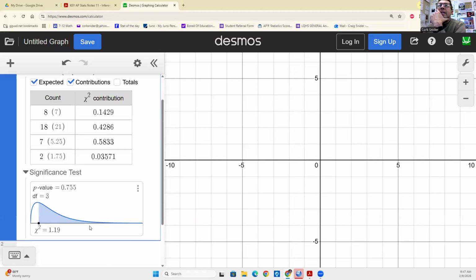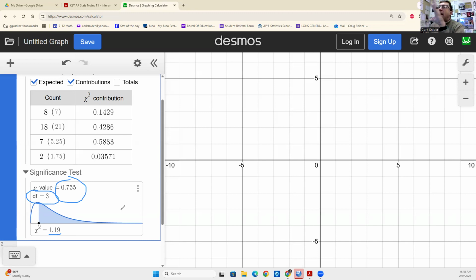The significance test is this. The degrees of freedom, DF, is 3. Why is it 3? Because you take the number of categories and subtract 1 to get 3. There's the chi-square sum, which is our test statistic, and this is the p-value, 0.755. That would be a fail to reject.